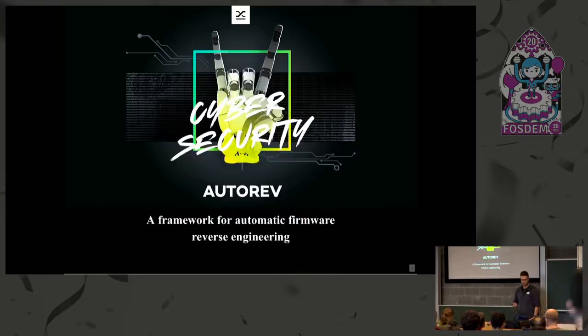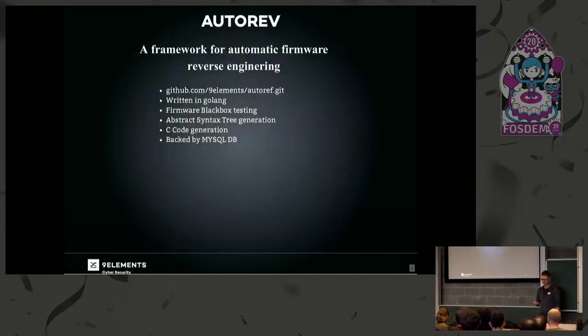My talk is AUTOREV, a framework for automatic firmware reverse engineering. I'm working as an open source firmware developer at 9 Elements, and we wrote this framework just for fun and not for profit. It's open source, available on GitHub since yesterday.